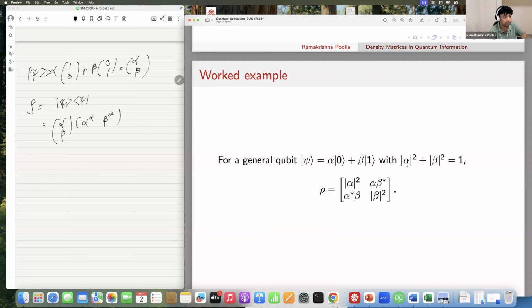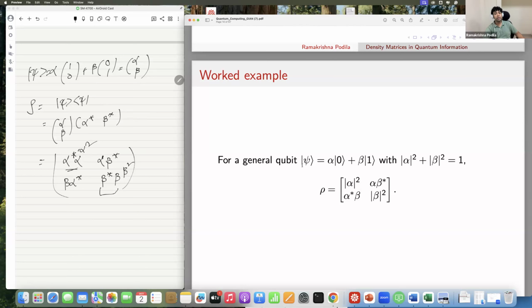We take the complex conjugate there. So what I would get is alpha star alpha, alpha beta star, beta alpha star, beta star beta. So this is alpha squared and this is beta squared. That would be the density matrix for this state.